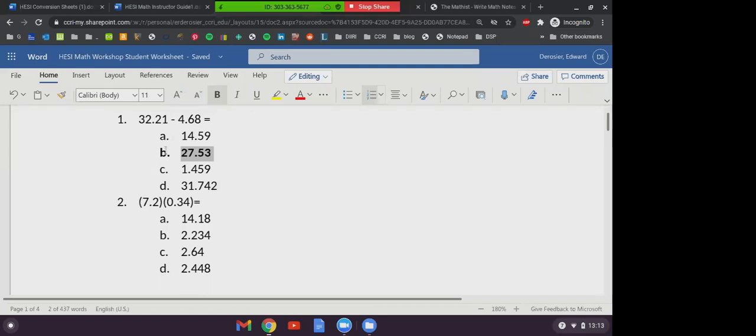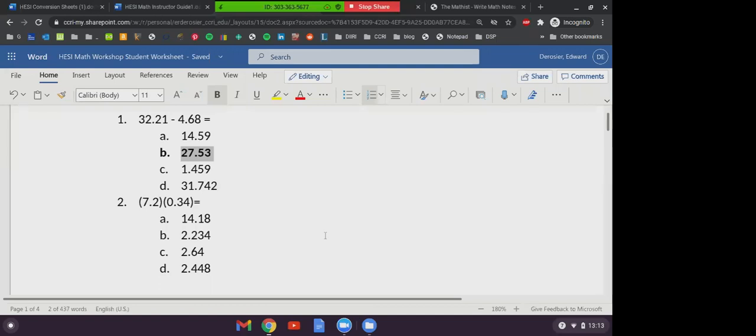You can do a similar thing with number 2. Now, when you multiply decimals, there are as many decimal places in the answer as there are in the problem. Because there are 3 decimal places in the problem, I know my answer has to have 3 decimal places. So I can eliminate A and I can eliminate C right off the bat.